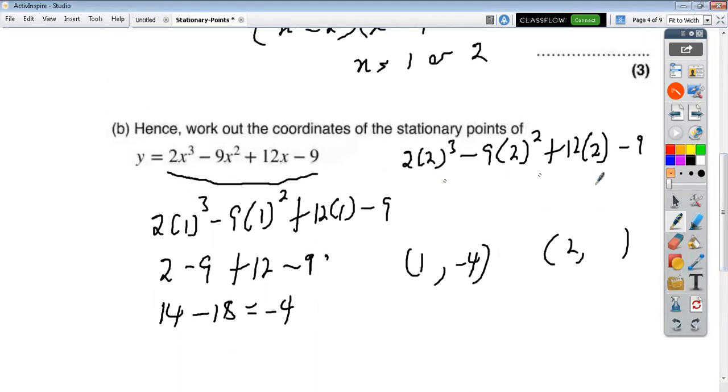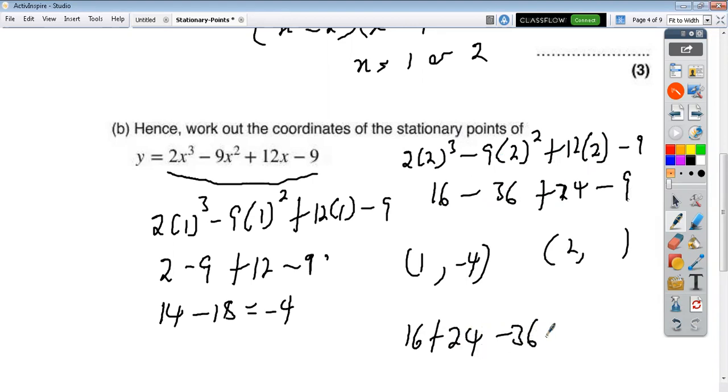So what value do you get there from your calculators? So I'm sure this is 8 times that, 16 minus 36 plus 24, I think, minus 9. So it means 16 plus 24 minus 36 minus 9. What do you get? So that is positive 3, if I remember.